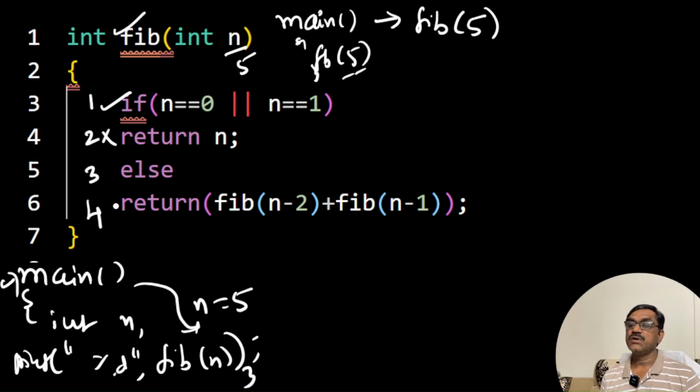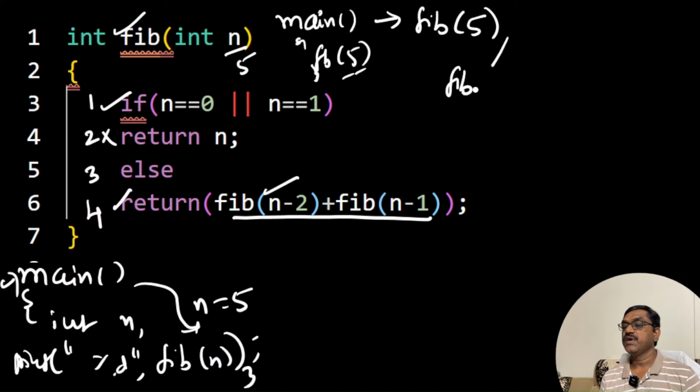Now we are going for the else part. Here the fourth statement is executed. So first go to the functions which are inside the return: fib of n minus 2 plus fib of n minus 1. So first you take this fib of n minus 2. That means from this fib of 5, we are going for fib of n minus 2, meaning 5 minus 2. How much? Fib of 3.